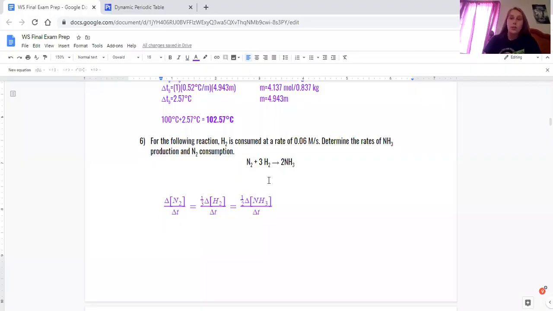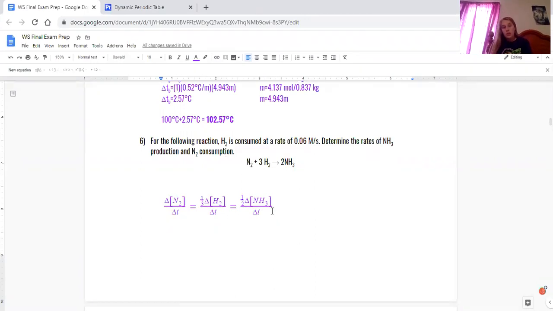Okay, so I stopped and took a minute and actually set this up to where you could see it a little bit. So these are, like I said, based on the stoichiometric values. And so what we're going to look at is this here. So we have our delta, and the change in concentration is on the top for each of them, and the change in time is on the bottom.